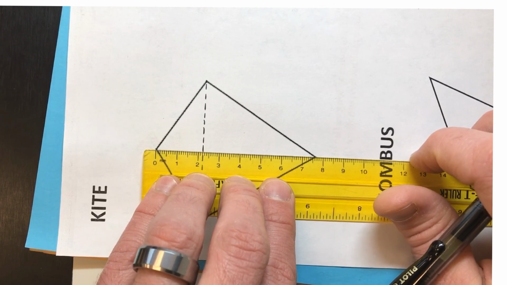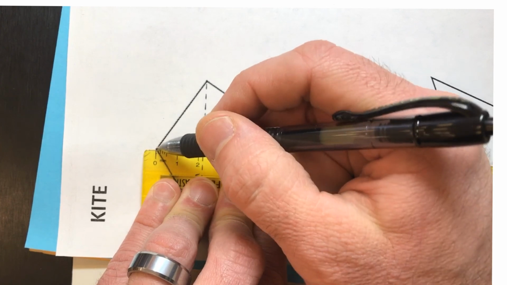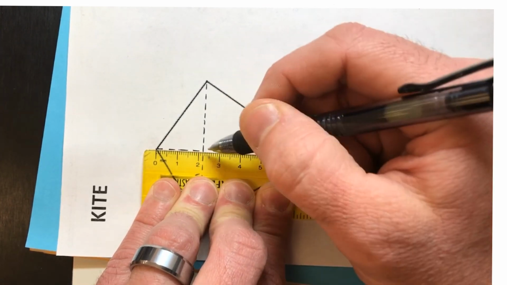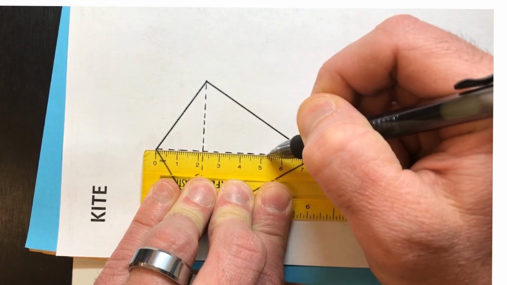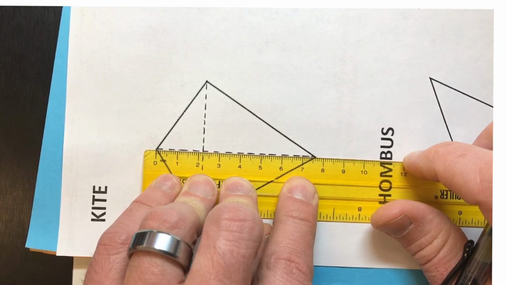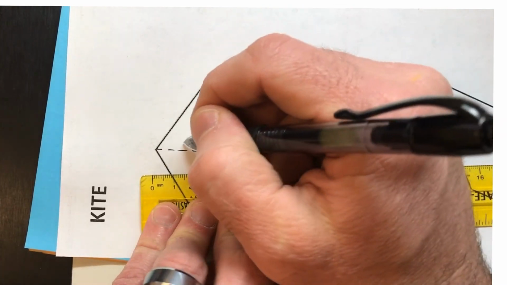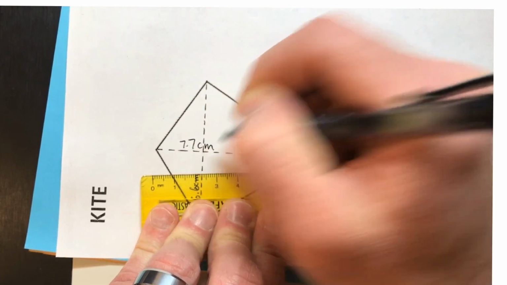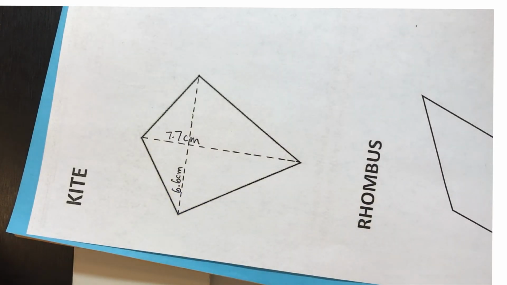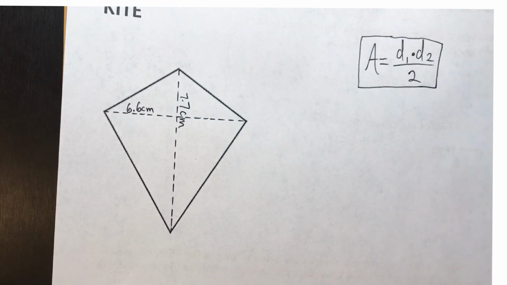It's going to be right here. Yeah, I think we'll go with 7.7. Okay, so all you do is multiply those two diagonals and divide by 2.